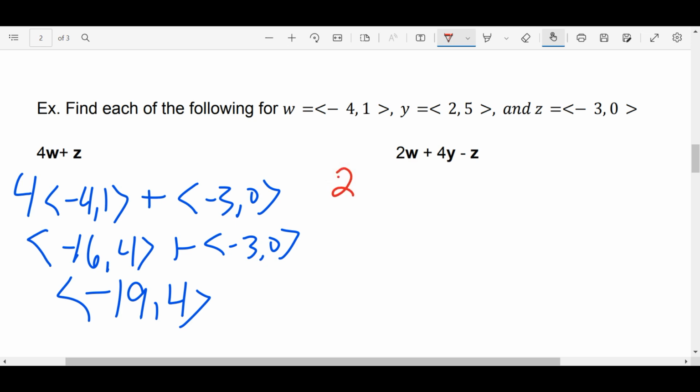So once again, w, and we're going to get minus z. I'm going to do all the multiplying first to make our life a little easier.